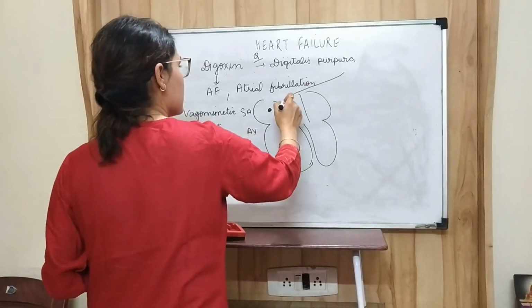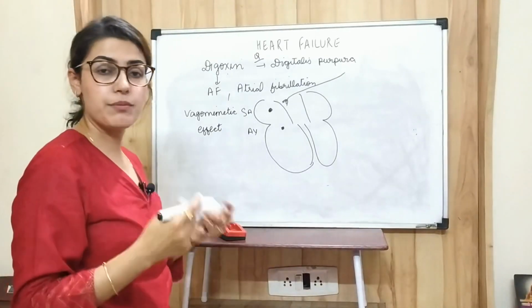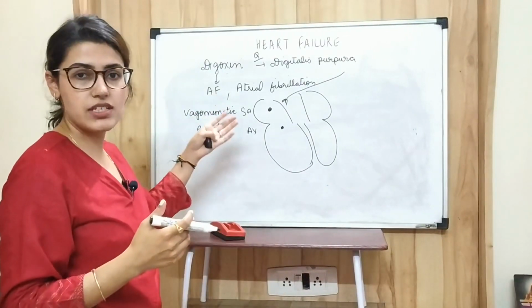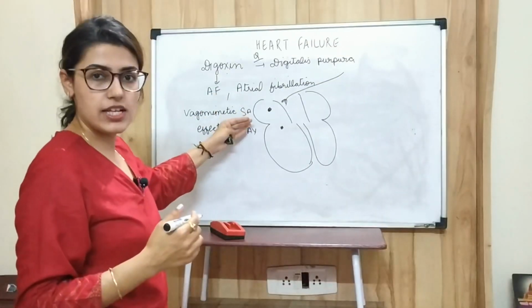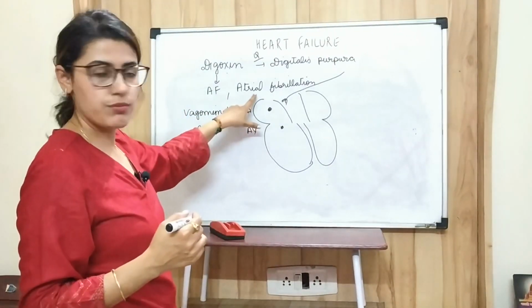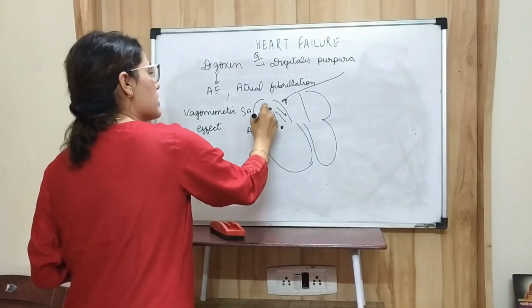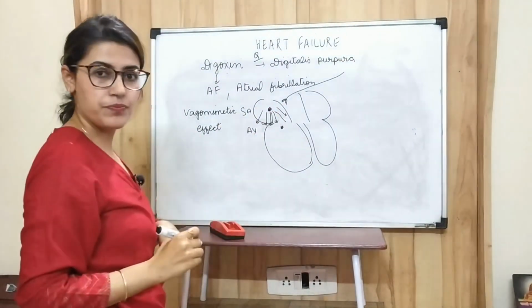Vagus is innervating this SA node. Vagus is an inhibitory nerve. It inhibits the conduction from SA node to AV node. Whenever there is atrial flutter and fibrillation, there are too many impulses going from SA node to AV node.